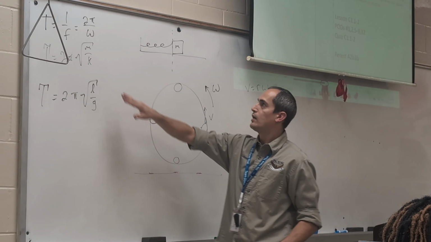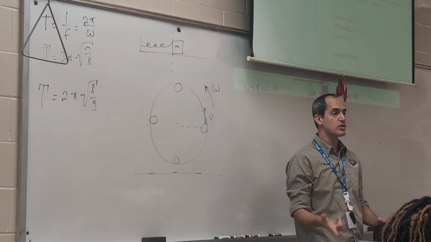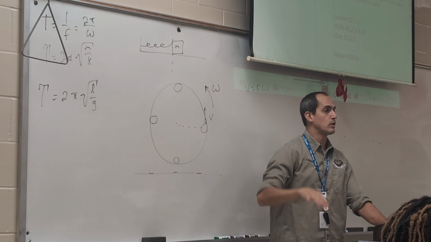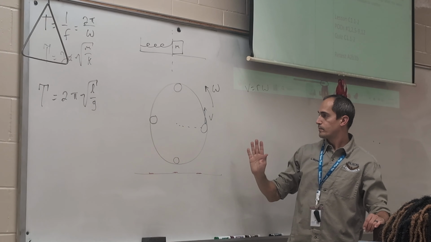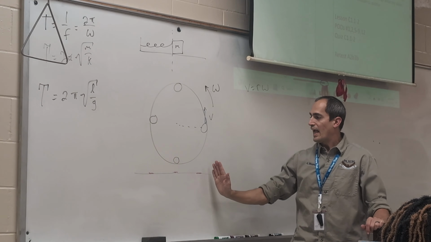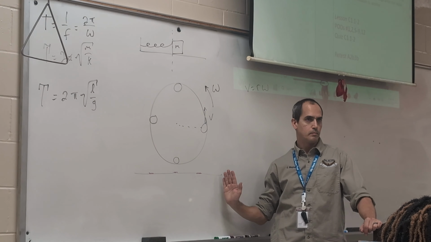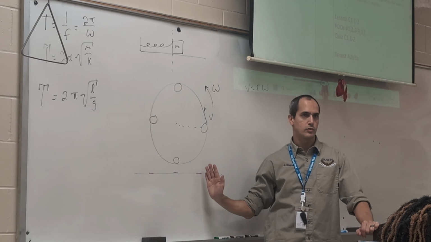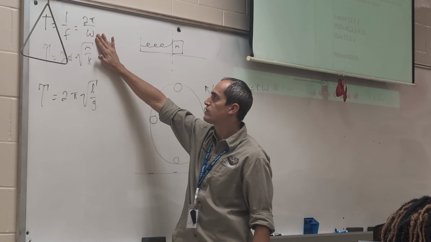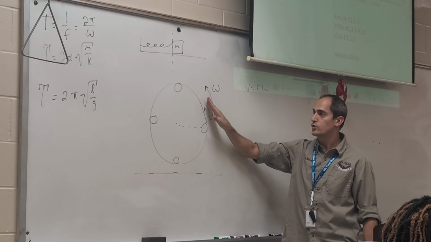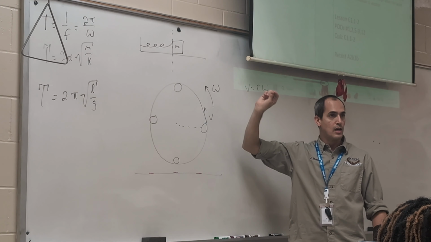And then, of course, it is related to the angular speed, but in oscillations, we're actually going to call that angular frequency, because angular speed really has no meaning if it's just 1D motion. So we're going to call this angular frequency, but it's the same as the angular speed or the angular velocity from the uniform circular motion.